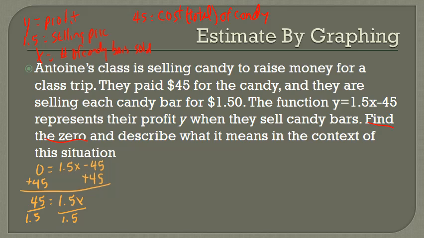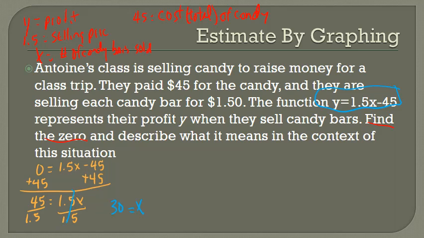On the right-hand side, our 1.5s cancel. And when I divide 45 by 1.5, I'm going to end up with 30 = x. And so that is the zero, or the root, or the solution, or the x-intercept of that function.